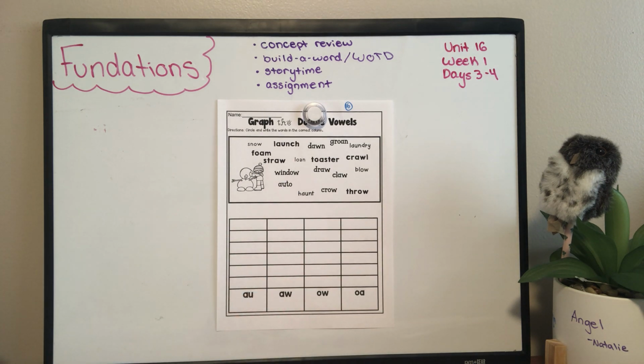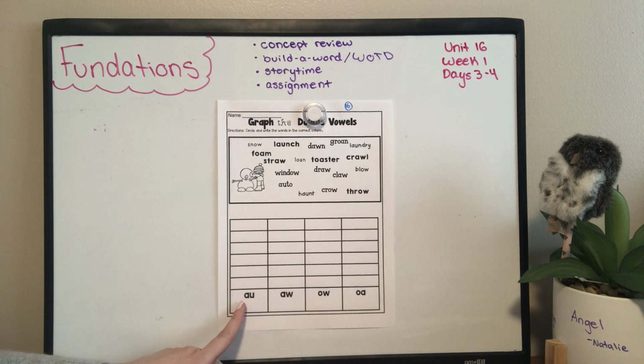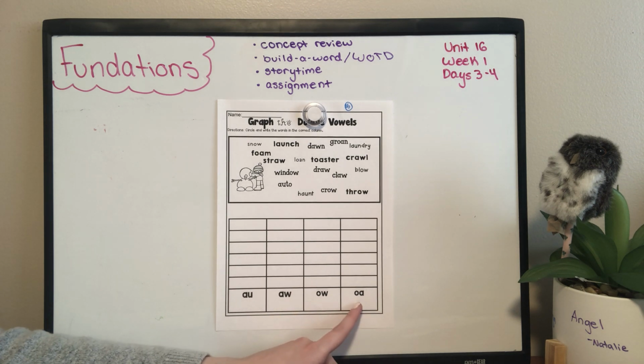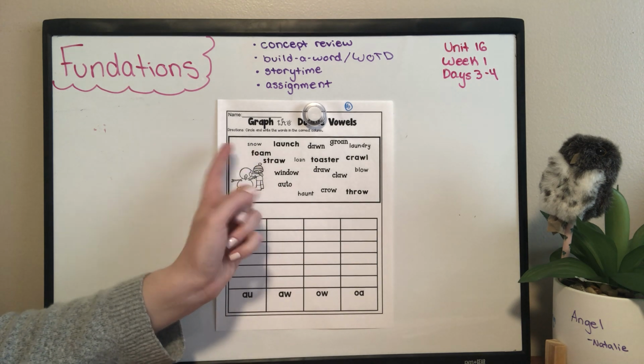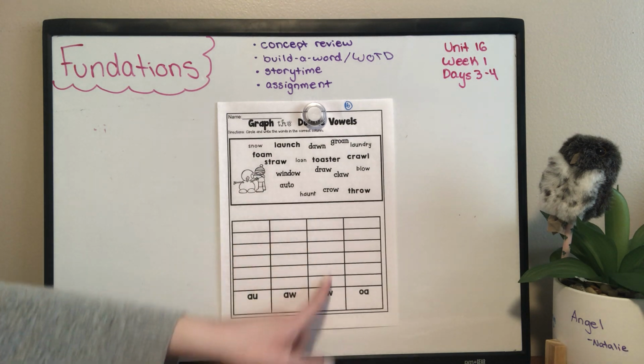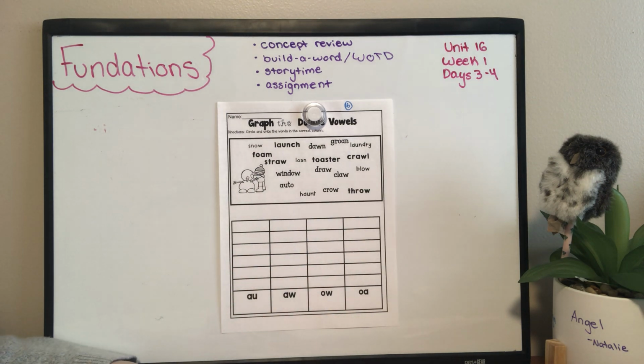Is the double vowel team in the word an AU word? Is it AW? Is it OW? Or is it OA? What you are going to do is you're going to tap out the words, read them, and then put them by writing them in the column they belong in, okay?